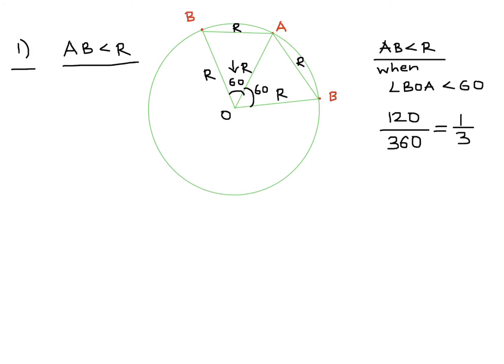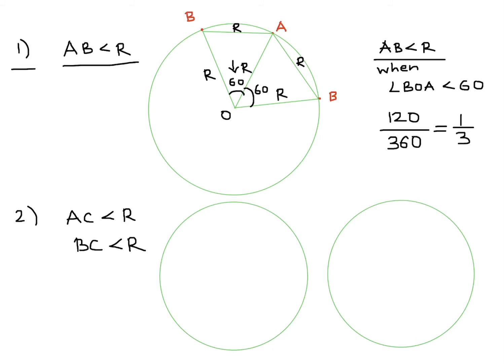Now we move on to our second scenario, which is AC has to be less than R and BC has to be less than R. This time I've drawn two circles because we've got to look at it in two different ways. The first is when we have A here and B here, and C is somewhere in between.